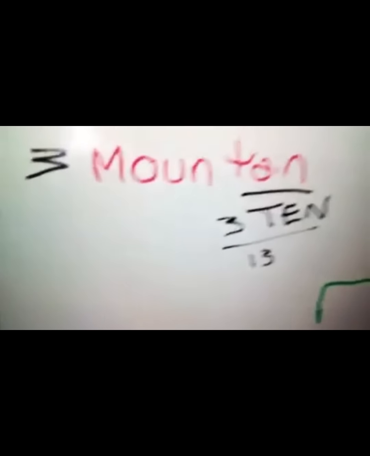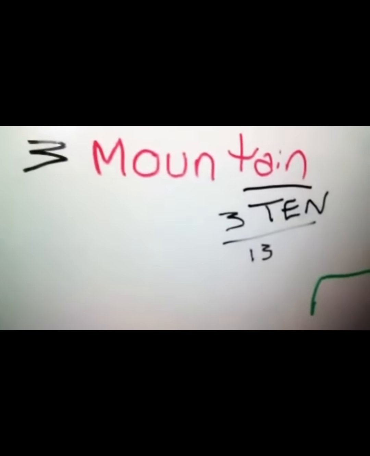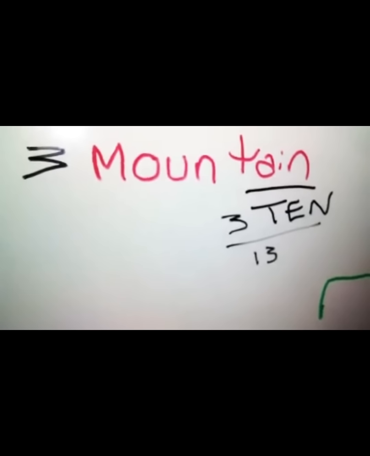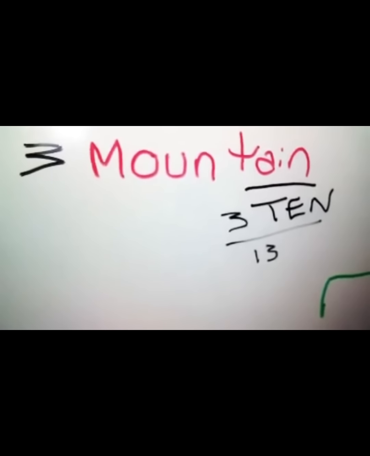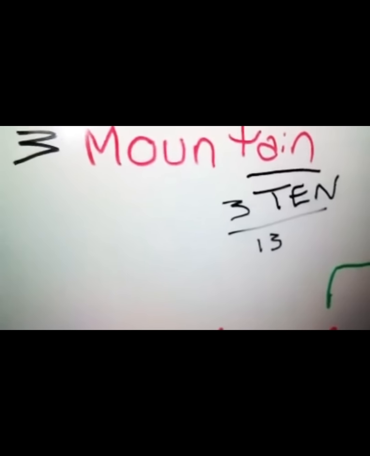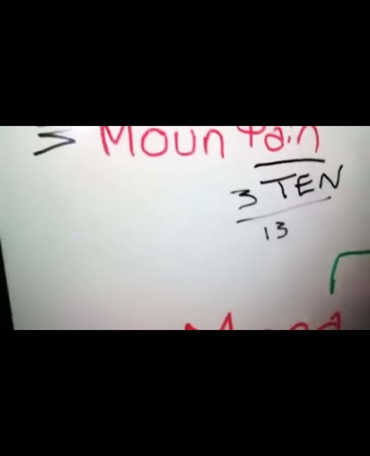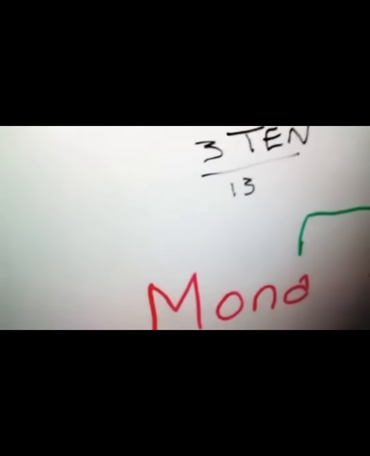You understand? In the Bible, on Mount Transfiguration, it says that there were 3 people on the mountain. There was Moses, there was Elijah, and there was the Son of Man. Now, how was it on Mount Transfiguration? It's a transformation, it's a changing.